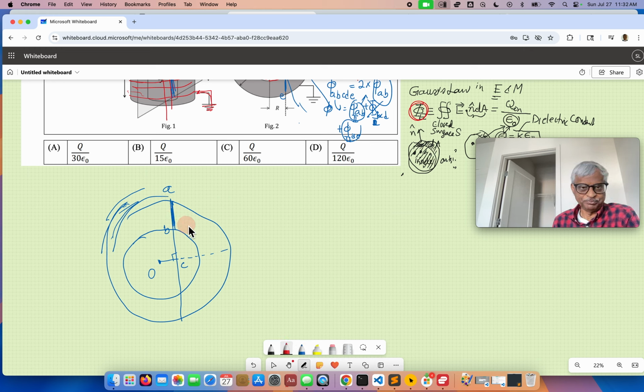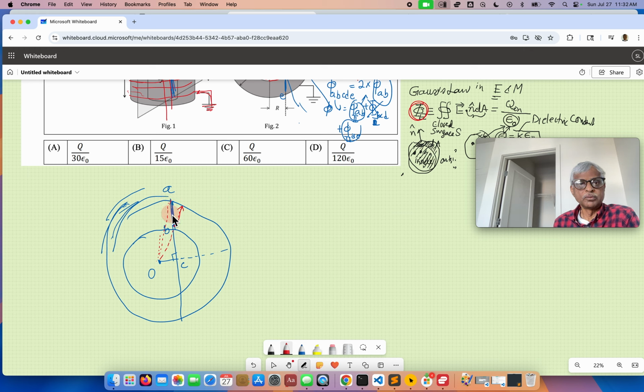The interesting thing is that the electric field is all in the radial direction. So some electric field is going that way.